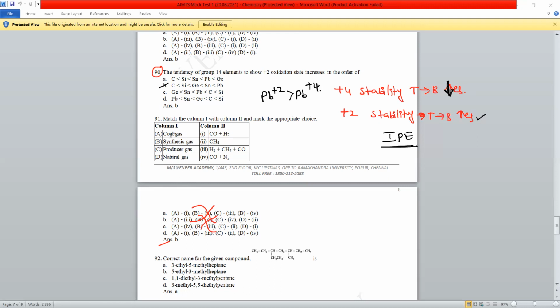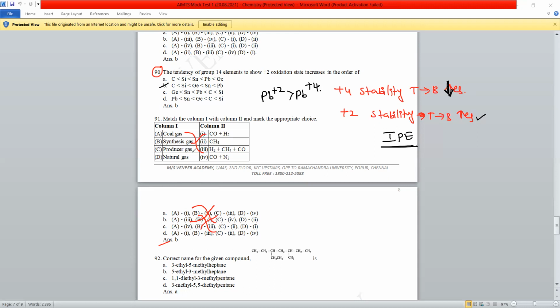Next, question number 91, column 1 they have given some gases, column 2 they have given the formulas of those gases. What is coal gas, students? Coal gas is the mixture of hydrogen, methane and carbon monoxide. Syn gas is CO plus H2, synthesis gas.